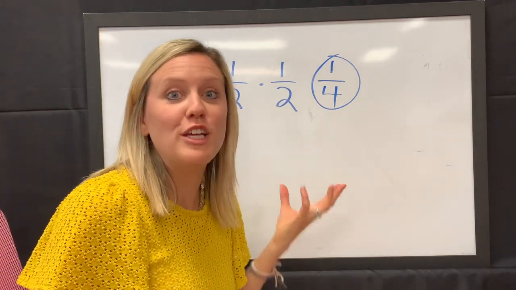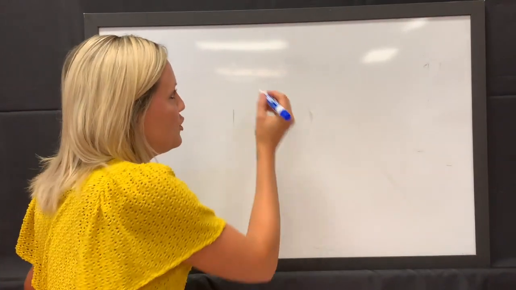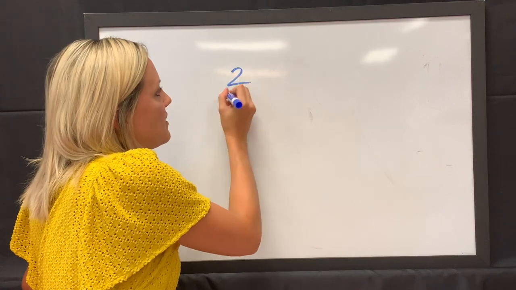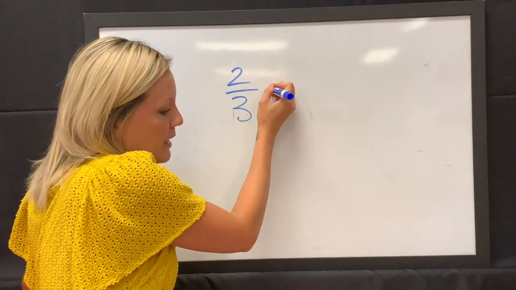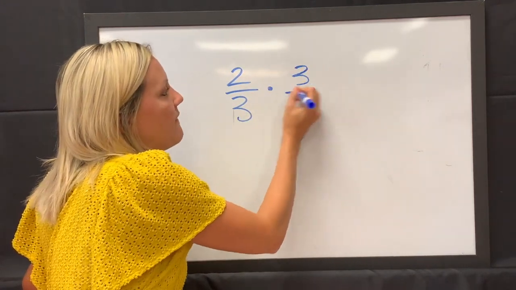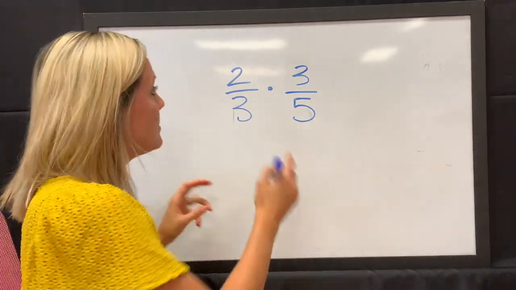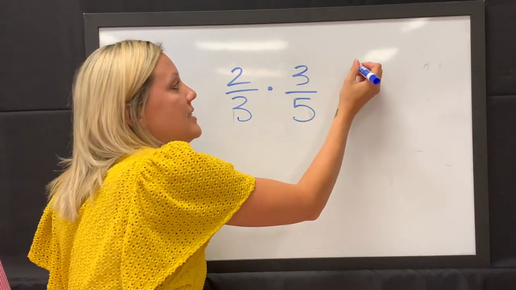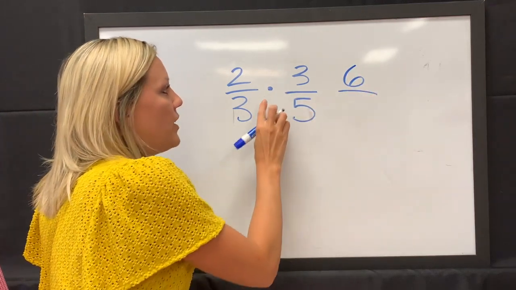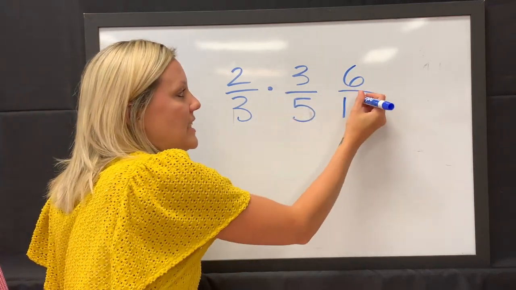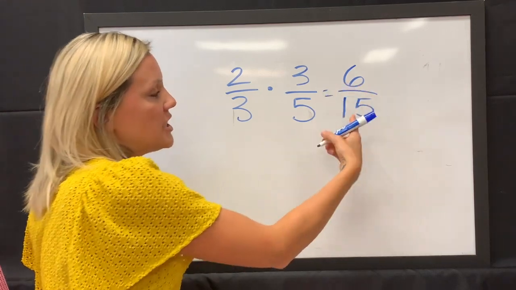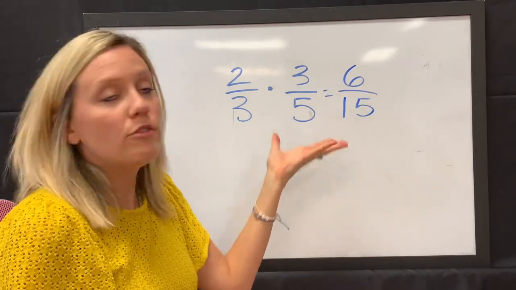Let's do another one using the algorithm. Let's do 2/3 times 3/5. So we again are just going to multiply straight across. 2 times 3 is 6. 3 times 5 is 15. And then we just need to ask ourselves if we can reduce this.